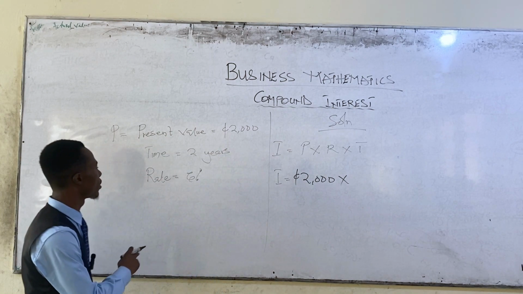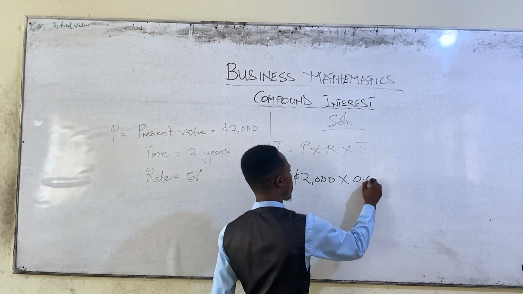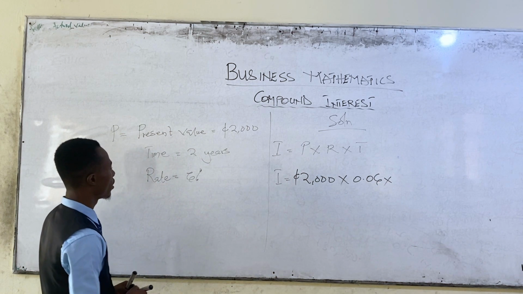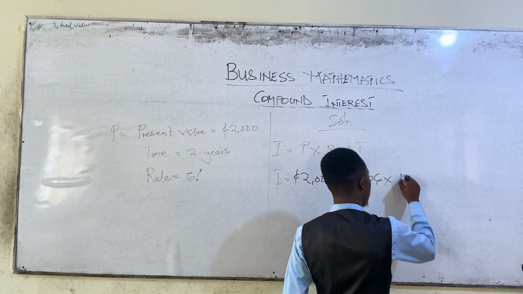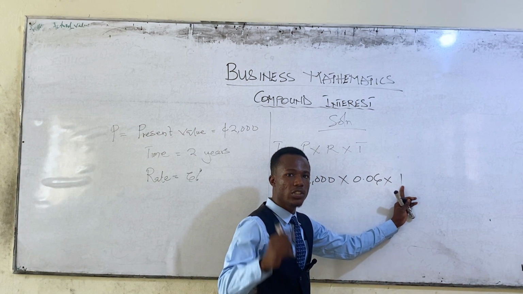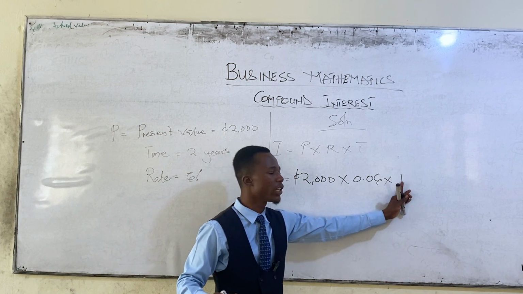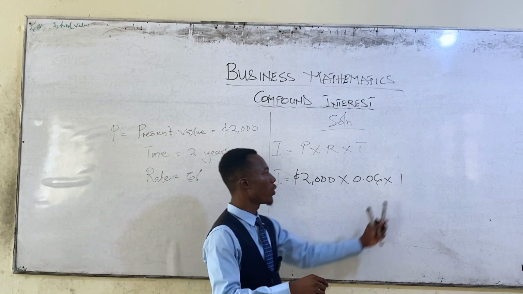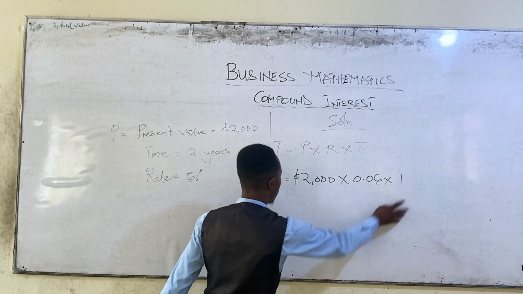The rate is 6% from here, so you can say 6% or 0.06, multiplying the time. The time given in the question is 2 years, but we are going to calculate the interest for 1 year. You see the difference. If it was simple interest, you just multiply it by 2. But because it is compound interest, we are always going to use 1 year, 1 year, 1 year. So we have times 1 year.